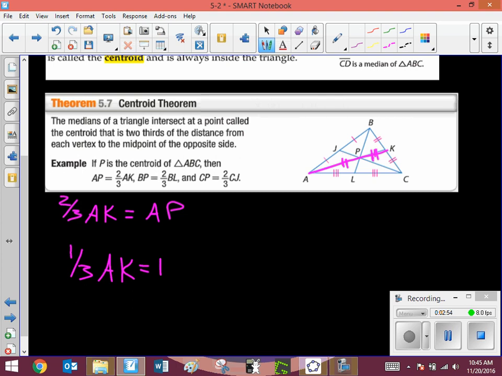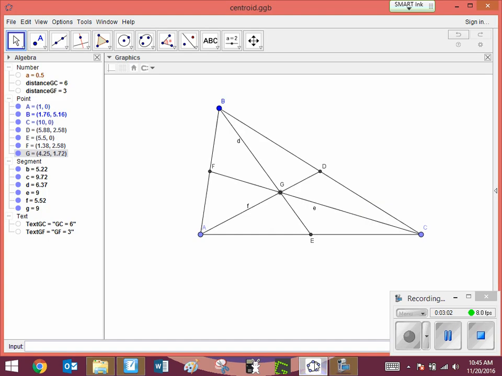And that is true with all of them. If I go back to my picture over here, I think I'm going to focus on that median FC, for example. I'm going to put those lengths up there. I know that my length FC is 9 units long.